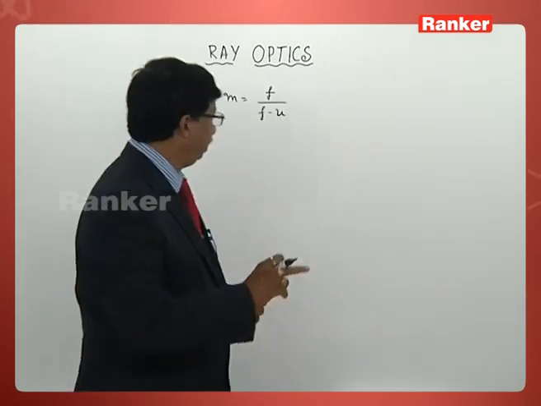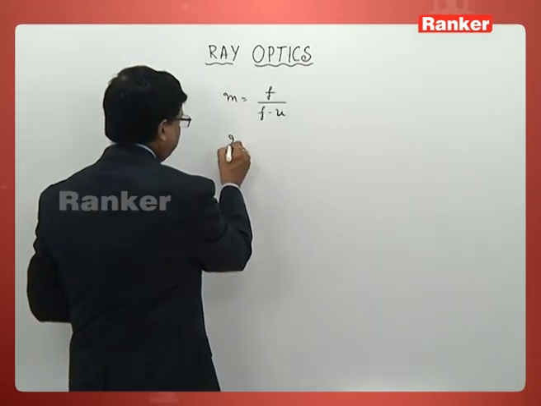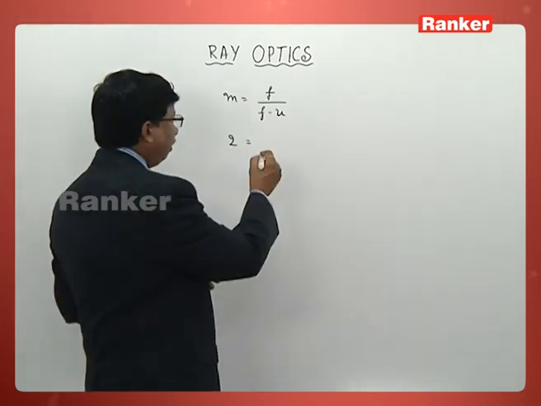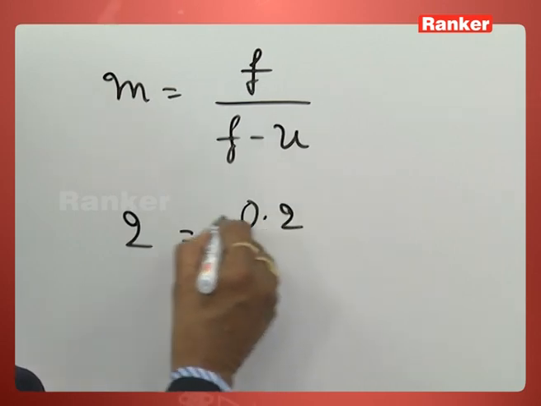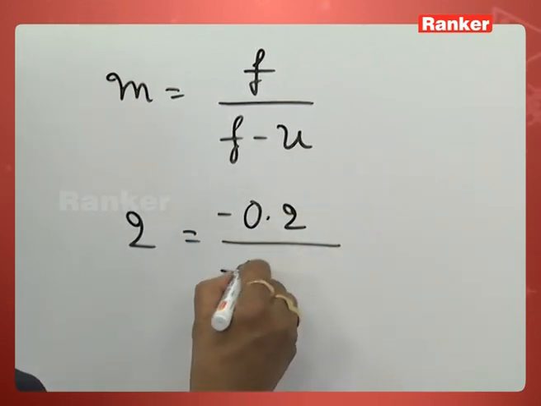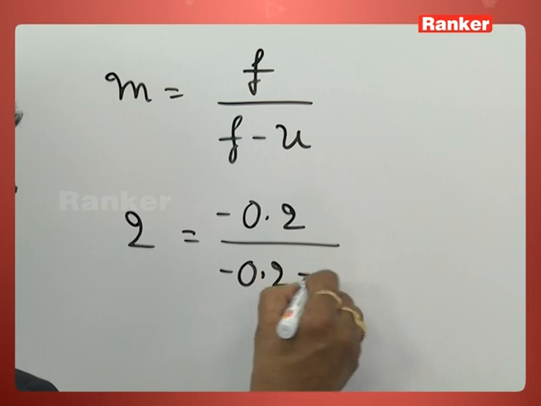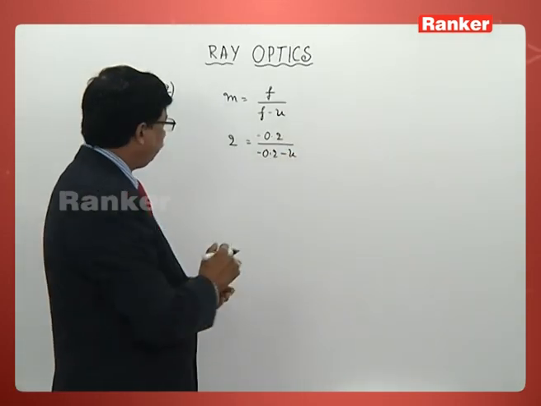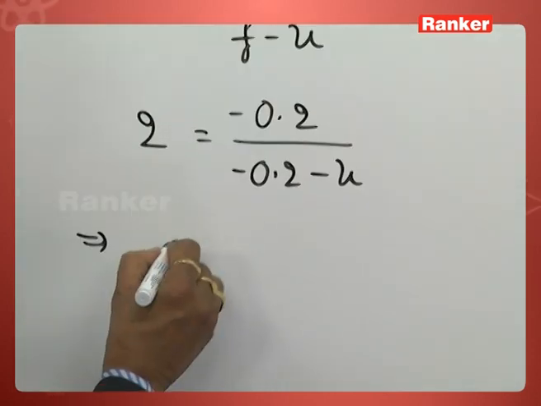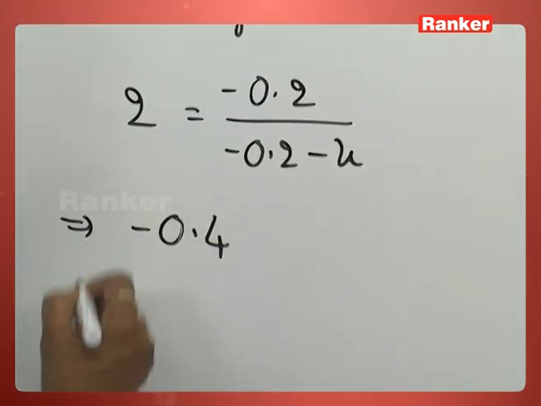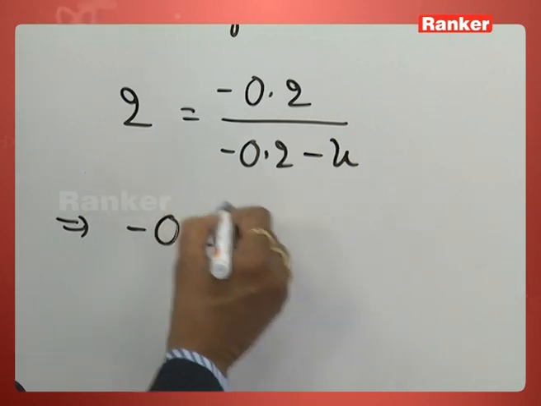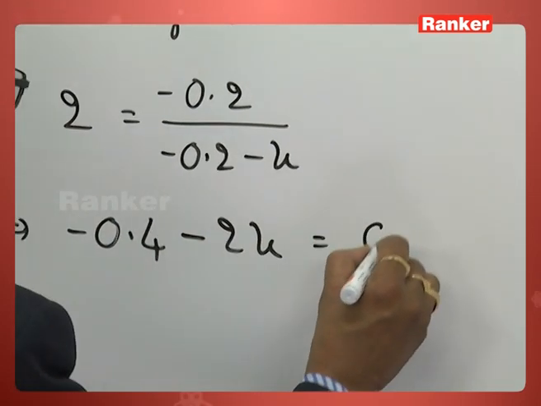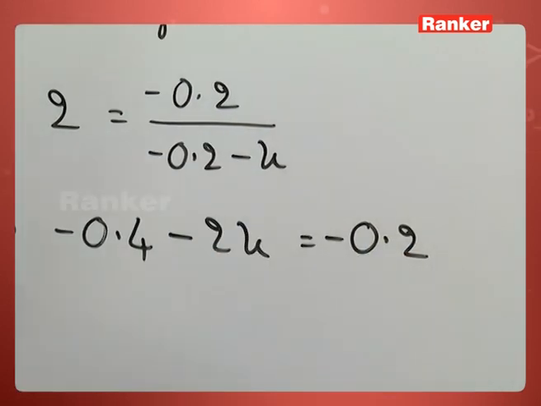So we can write in this case m is going to be 2, and f should be taken as 0.2 with a negative sign. Now just cross multiply this whole thing. This is now 0.4 with a negative sign minus 2u is equal to 0.2 with a negative sign.